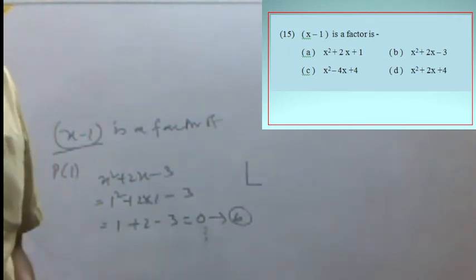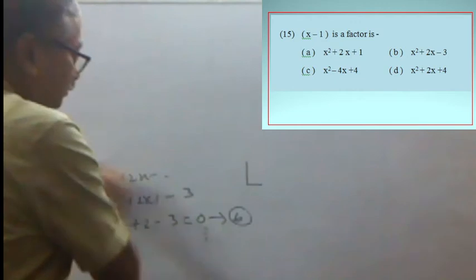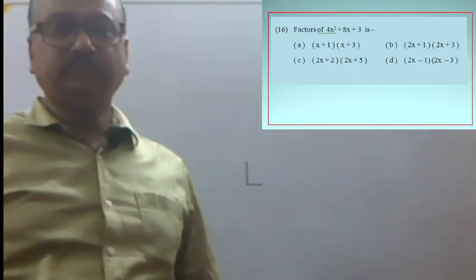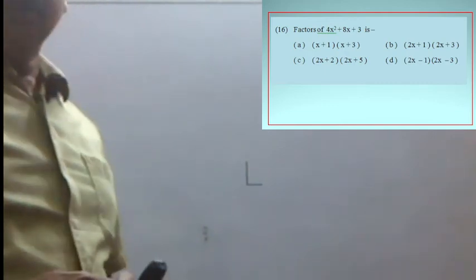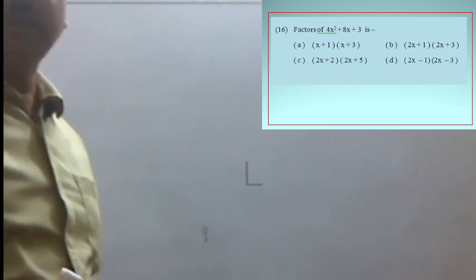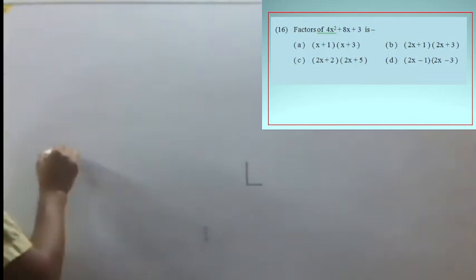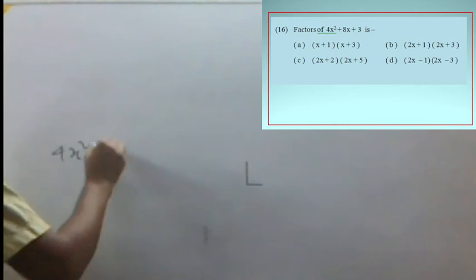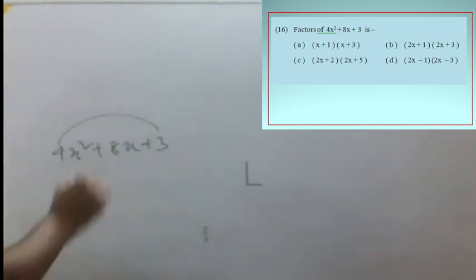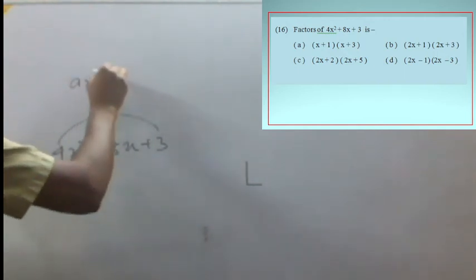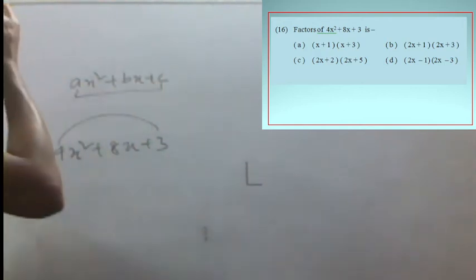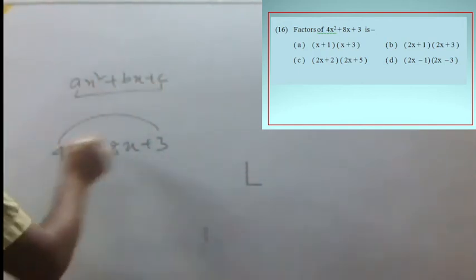Next, question number 16. Factors of 4x square plus 8x plus 3. We have to factorize this. If we compare with the standard quadratic polynomial ax square plus bx plus c, here a into c is 4 into 3, that is 12.